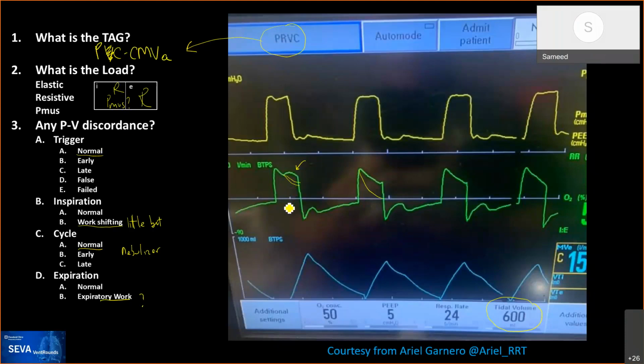Early trigger, Samir. Okay. So this is early trigger. This is what you're seeing here. Whenever you have this, it means that there was early trigger. And whenever you see early trigger, many times you're going to see also features of early cycle, which you were talking about over here.